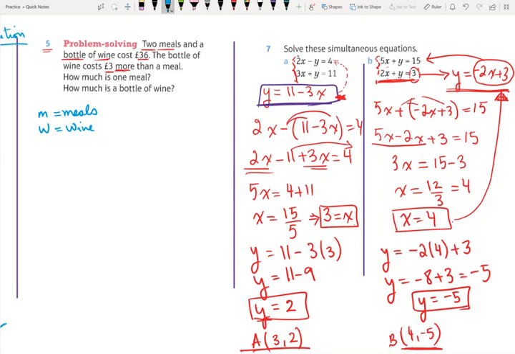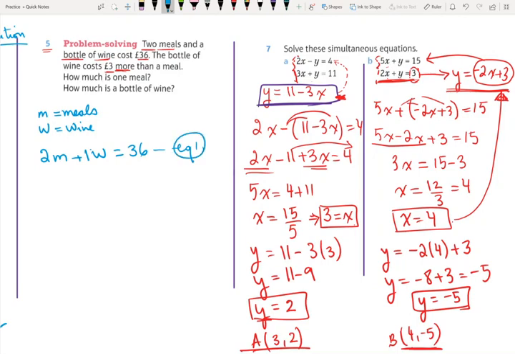We have 2 meals, so 2M plus a bottle of wine. So you are now interpreting English to math. And a bottle of wine, so 1W, equals their cost is 36 pounds. So this is your first equation, or equation 1.